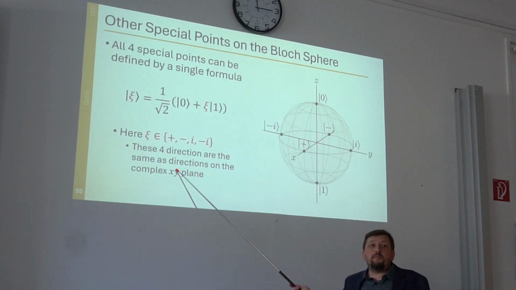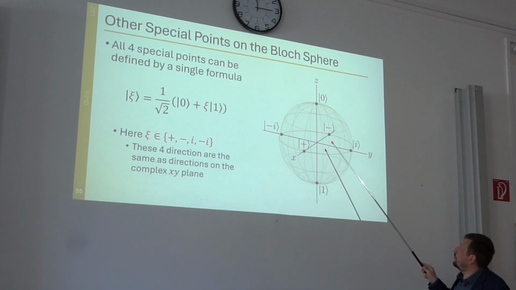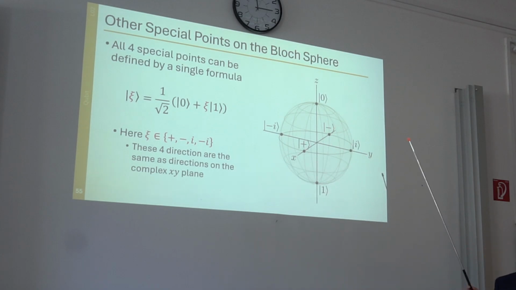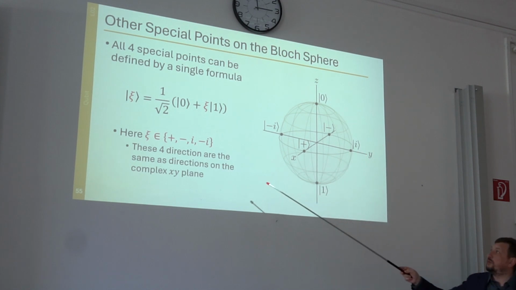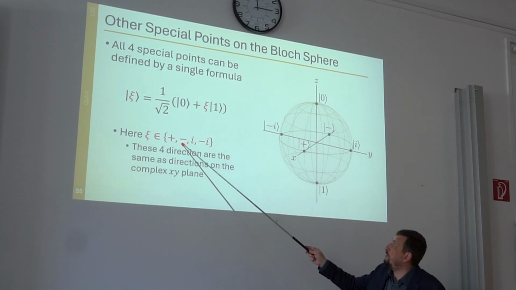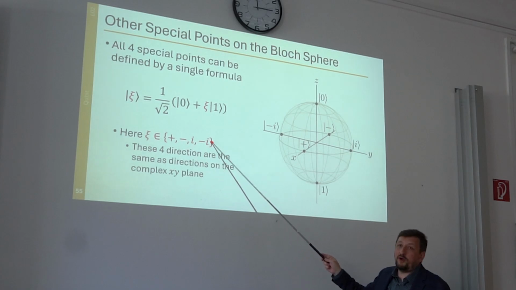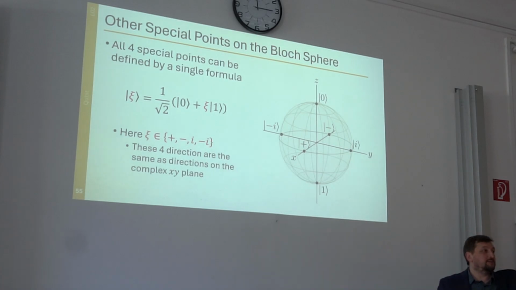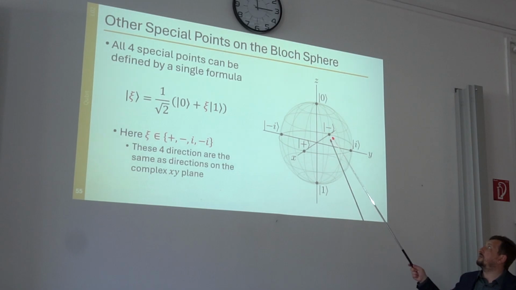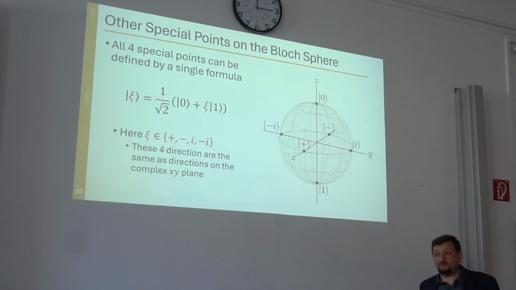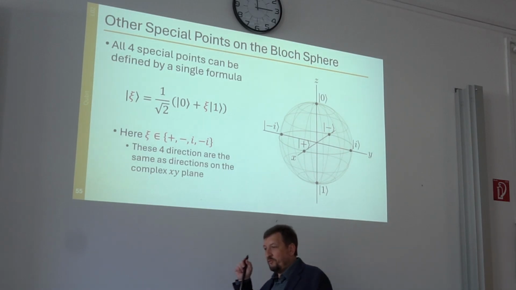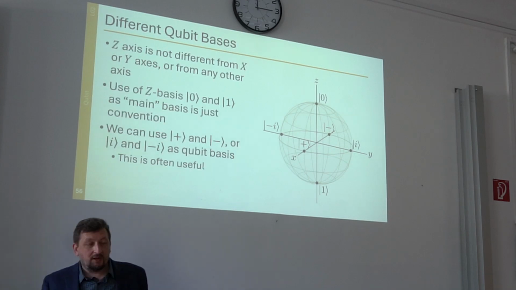You can also remember where these states lie on the Bloch sphere, because if you look at the xy plane as a complex plane, with real part and imaginary part, these are plus 1, minus 1, i and minus i. These are four complex numbers, and these states are exactly localized at these places. Okay, we will work more with them later.